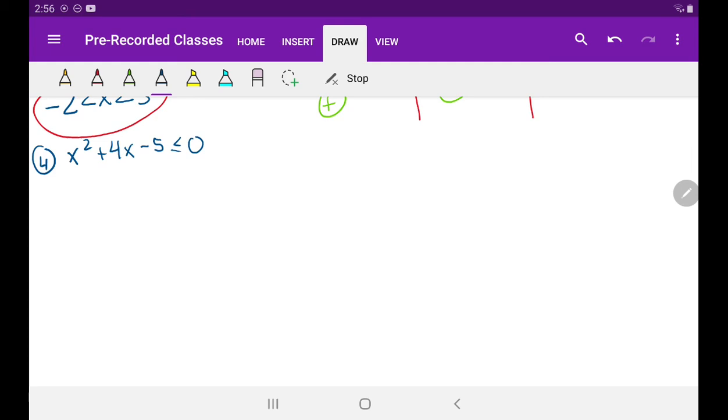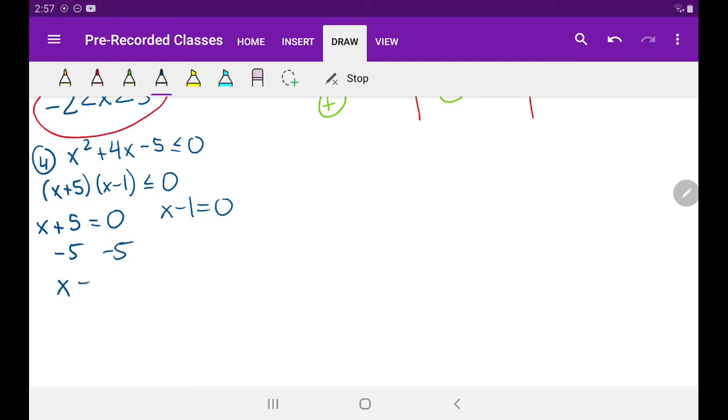This is another one that we're going to have to factor on our own before we set things up. This is going to factor into (x + 5)(x - 1) ≤ 0. If I separate my factors and set them each equal to 0, and solve them, I get x is negative 5 and x equals 1.